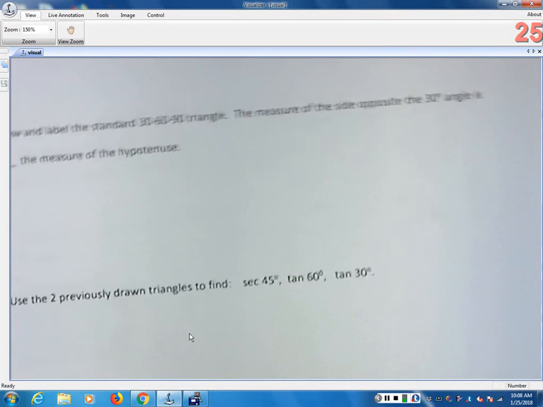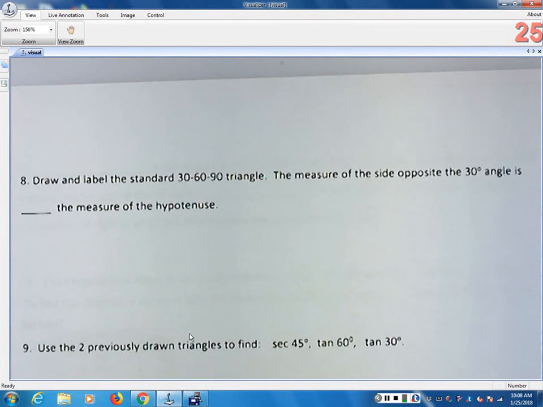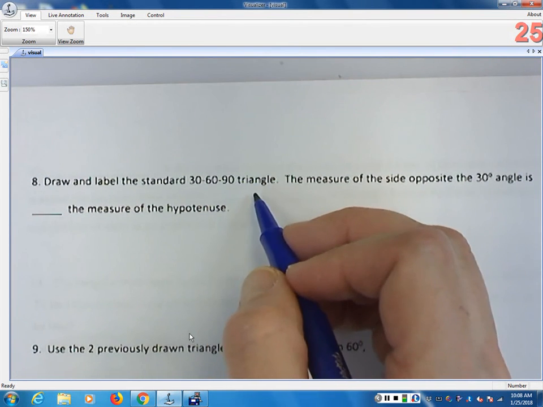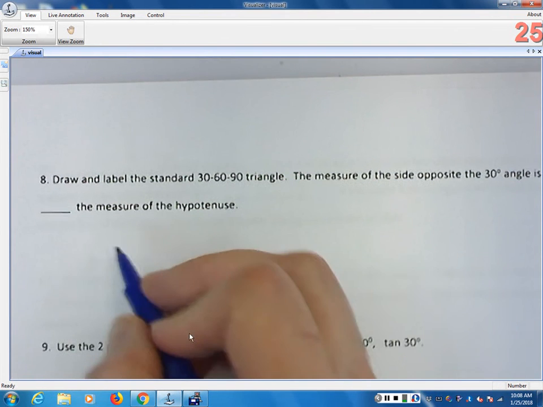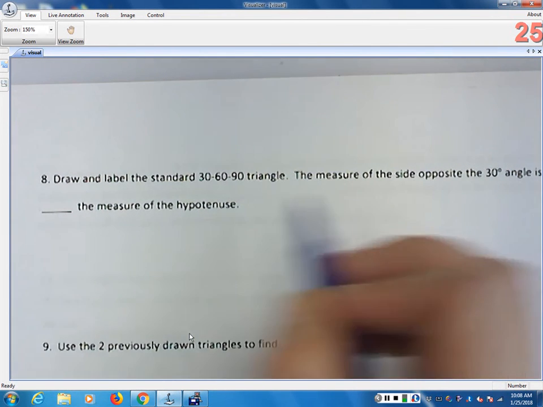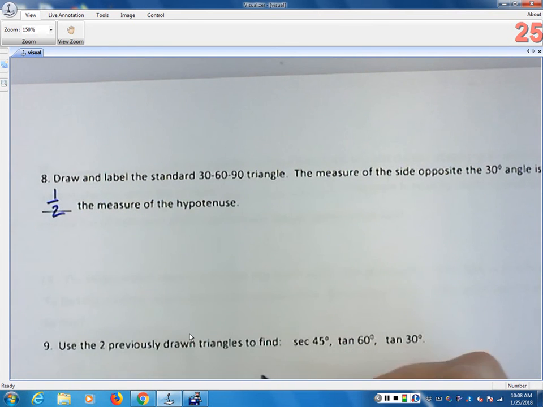Okay, now we're going to do the 30, 60, 90 triangle. Draw and label a 30, 60, 90 triangle. The measure of the side opposite the 30-degree angle is 1/2 the measure of the hypotenuse.